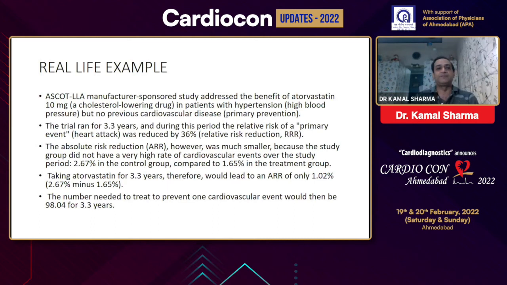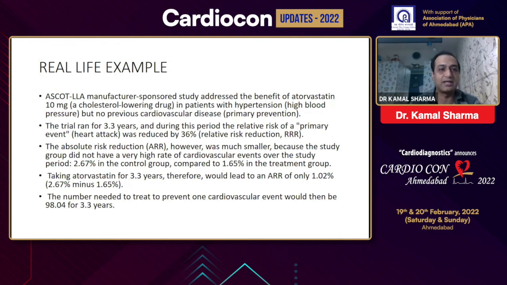Now, what does it mean? If you look at the 36% overall risk reduction, this difference was relative; the absolute difference between the two arms was not this much. The event rate of MI in the patients not receiving atorvastatin in the ASCOT-LLA trial was 2.67%, while in the treatment arm it was 1.65% in the patients who received atorvastatin and had hypertension.